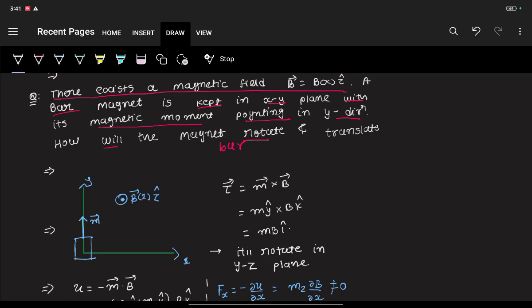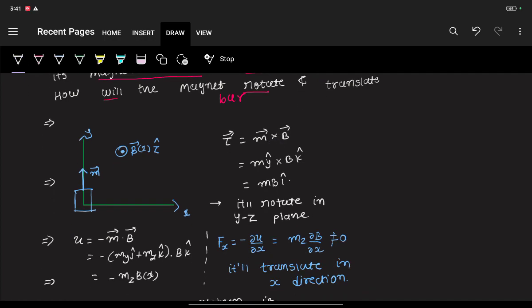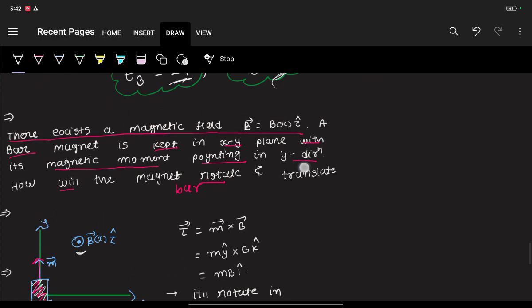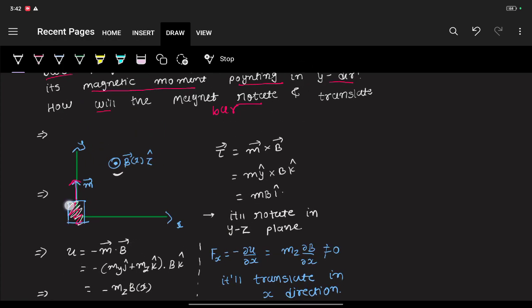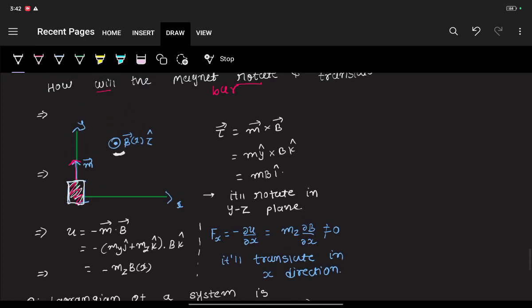First of all, let's see in the figure that this is the bar magnet, and its magnetic moment is in the y direction, and the magnetic field is in the z direction, which is already given. So we know that when you put a bar magnet having a magnetic moment in a magnetic field in the upward direction, they make an angle of 90 degrees or some angle.